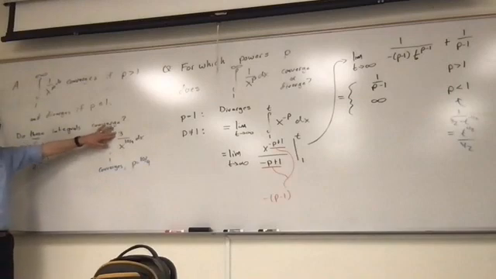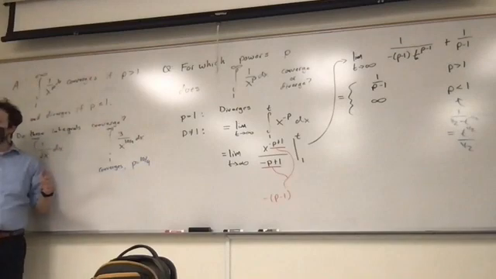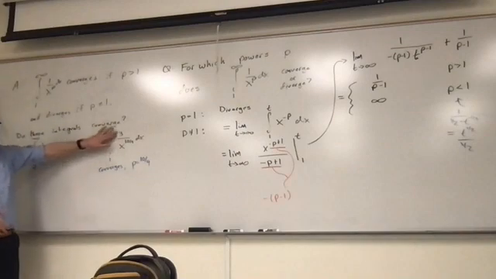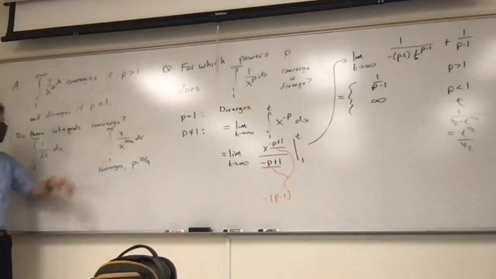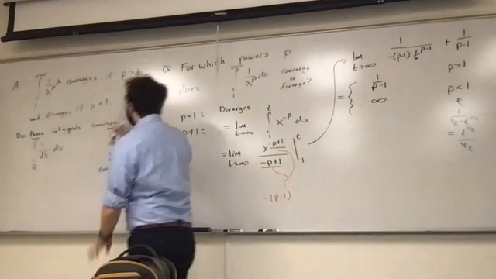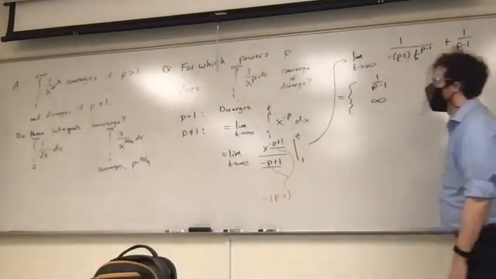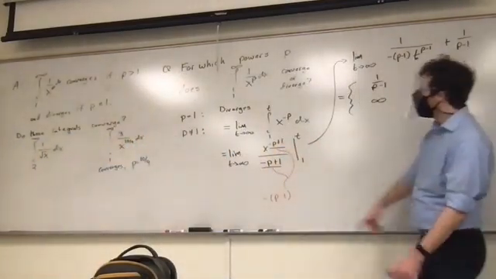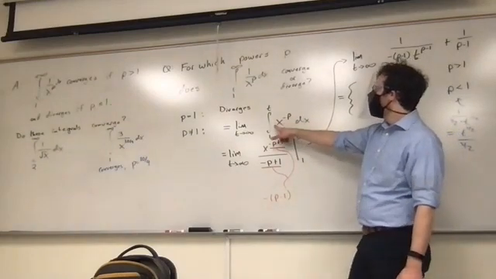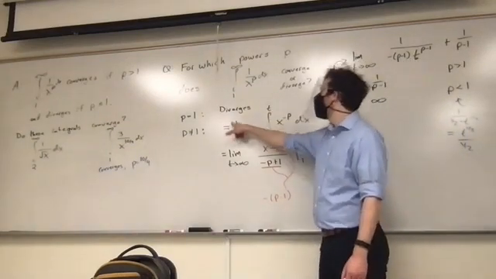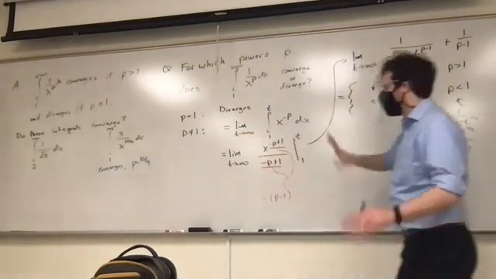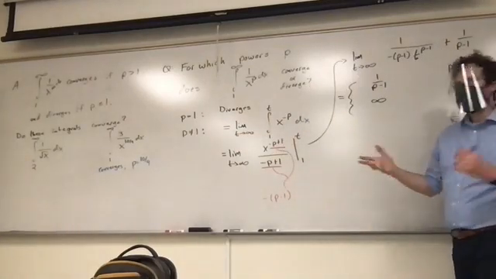Like with integrals that we've encountered before, if you had a definite integral with a constant in it, you could factor that constant out, find it without the 3, and then take whatever answer you get and multiply the 3 back in. So this 3 won't affect convergence or divergence, basically because you can factor it out of the integral and then out of the limit, and it wouldn't affect whether it converges or diverges.